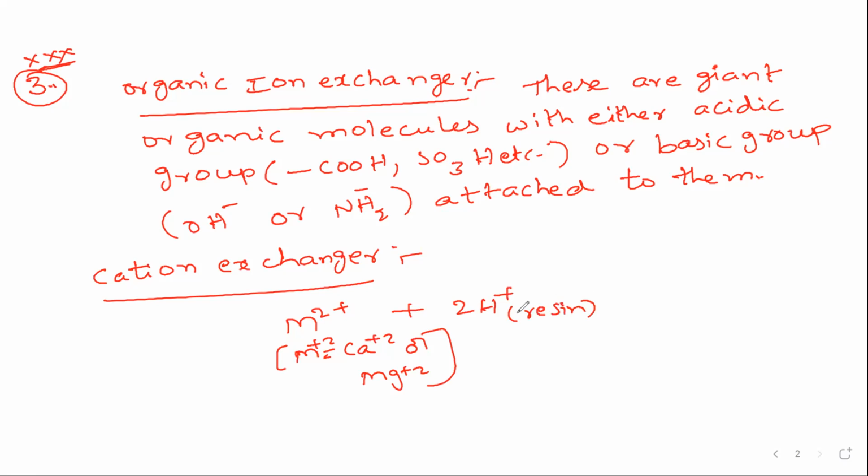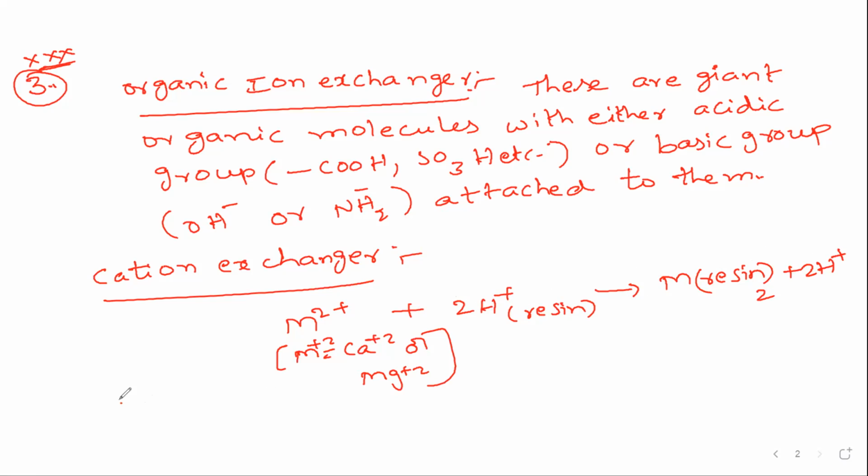Resin means acid group, H plus ions. It forms M resin taken twice, that is a giant organic compound, plus 2 H plus ions. So this is the cation exchanger.